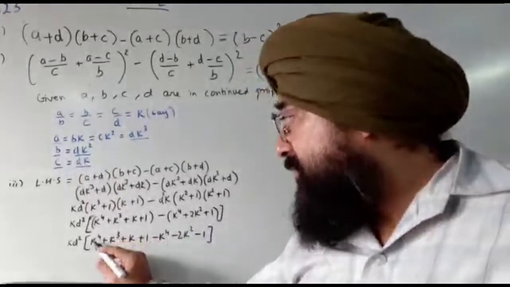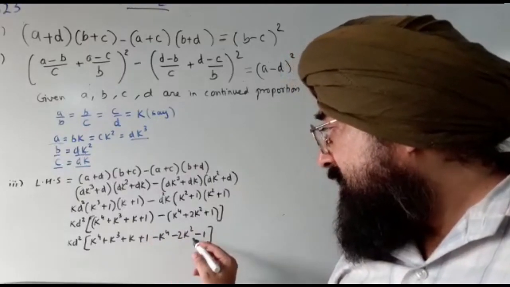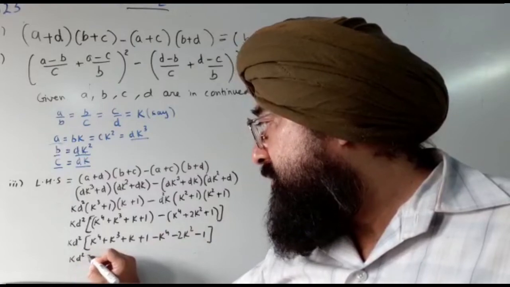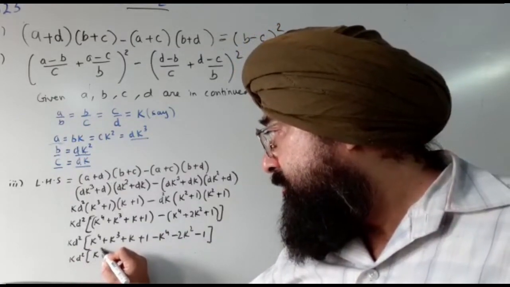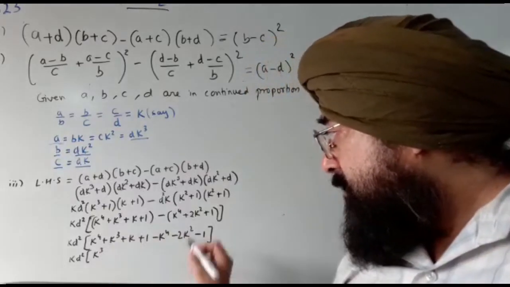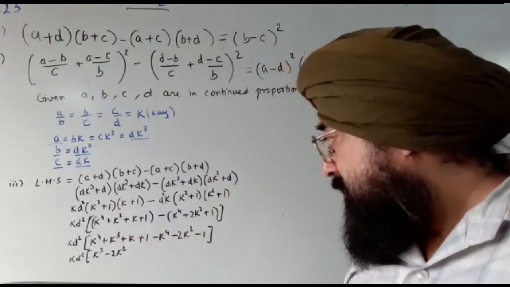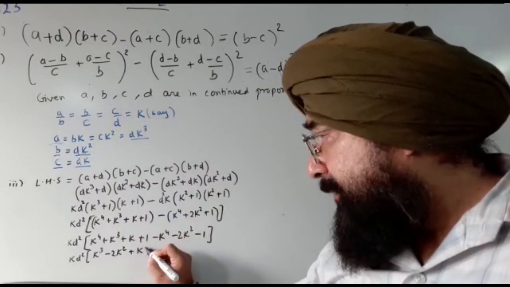So K to the power 4 and K to the power 4 cancel off. You can see 1 and 1 cancel off. So I am left with KD square inside the bracket, K cube, which is still there, then minus 2K square, which is still there, and in fact this plus K, which is still there.